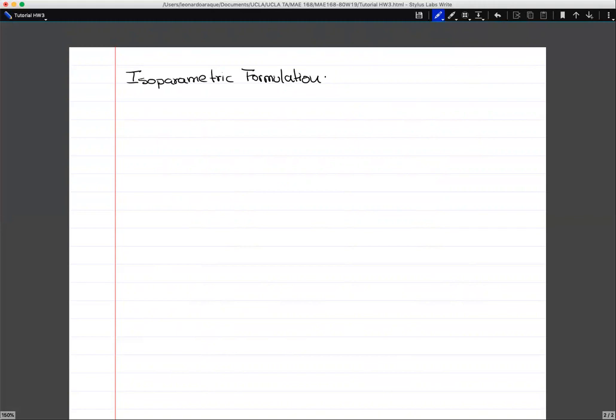All right, so for the isoparametric formulation, remember that in general, we have some function in global coordinates. That function is a function of x, and we want to map this function to the natural coordinates domain.